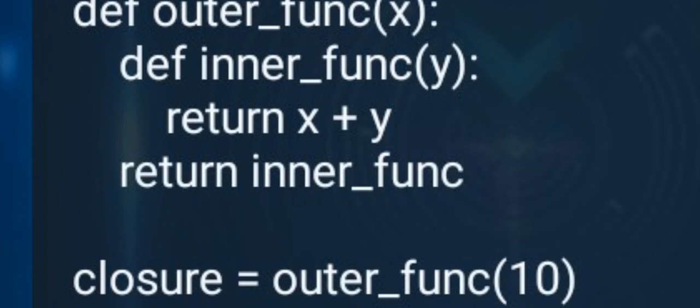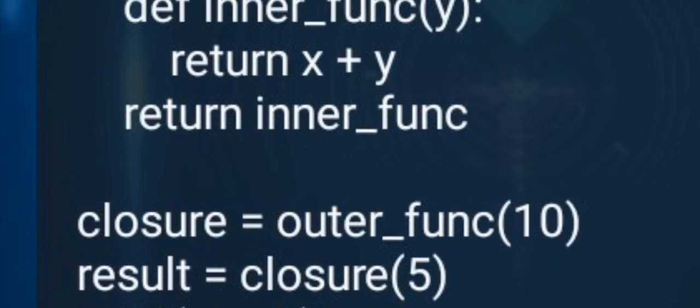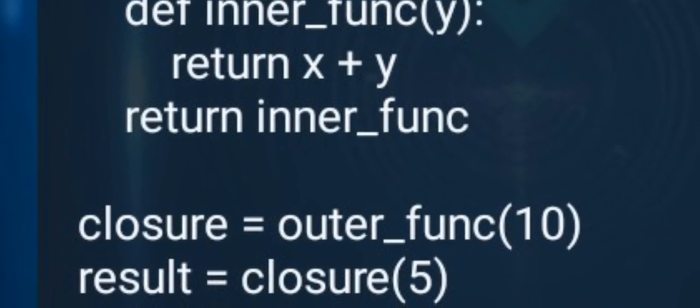And here we reference what it returns, which is the inner function, as closure. So this closure refers to the inner function. And on the next line, closure, which is the inner function, is called with an argument of 5.